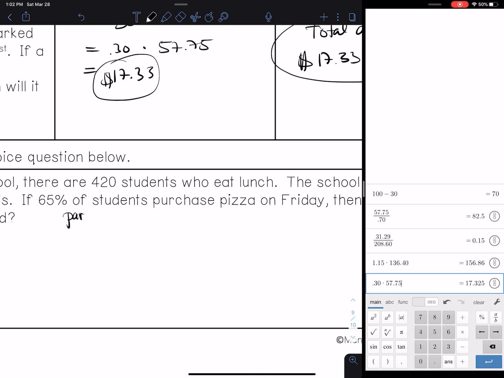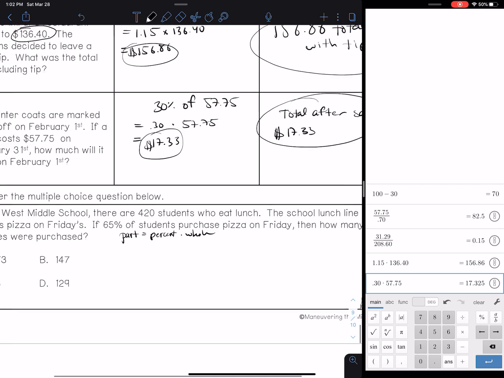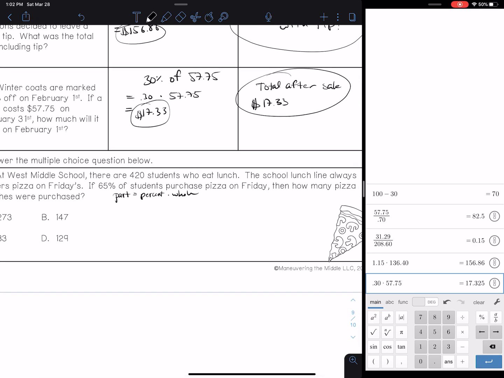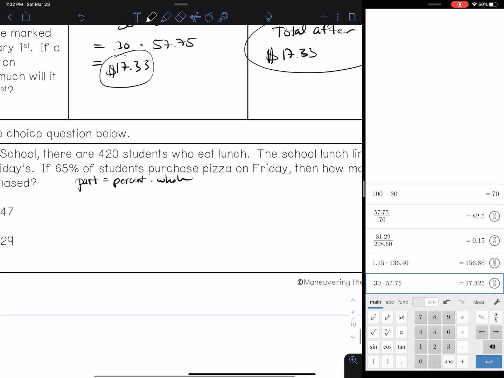Part equals percent times whole. Okay, so is 420 students, is that the part or the whole? Well, that must be the whole. 65%. That's the percentage, right? How do you write 65% as a decimal? 0.65.